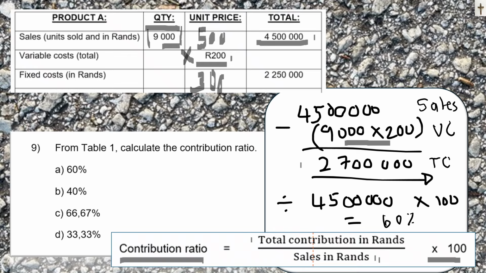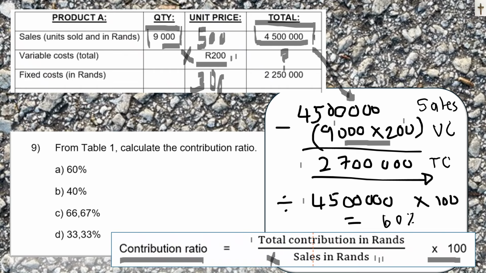And yeah, we've got here the sales minus the variable cost of all the products, which is 9,000 multiplied by the variable cost per unit, 200. The formula then says you need to divide by sales in rands, which is 4.5 million.